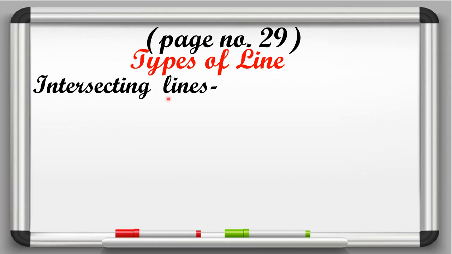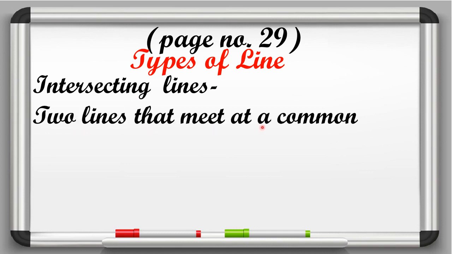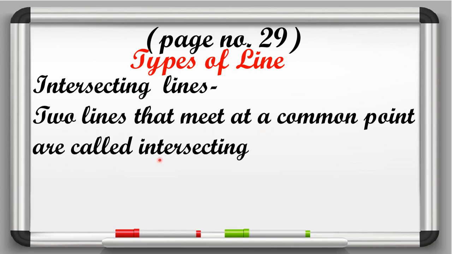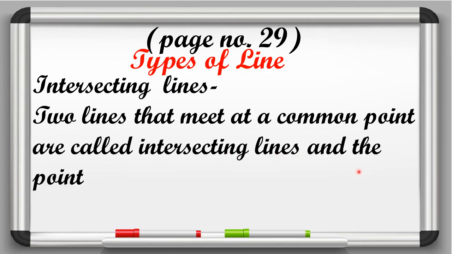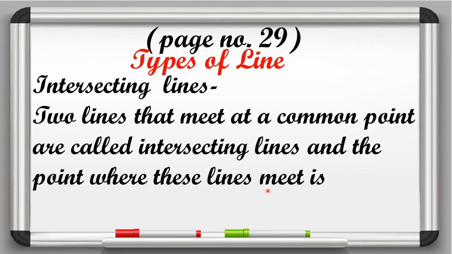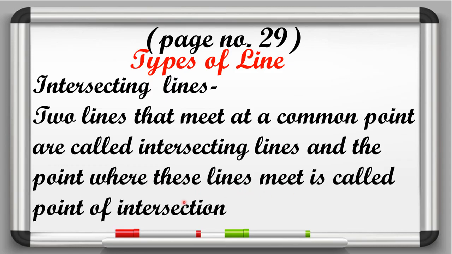So here what do you mean by intersecting? Here you can see intersecting means cut karna. Okay, intersecting lines. So here two lines that meet at a common point are called intersecting lines, and the point where these lines meet is called the point of intersection. तो वो दो लाइनें जो एक कॉमन पॉइंट पे मीट करती हैं, ठीक है, मिलती हैं, those lines are called intersecting lines.